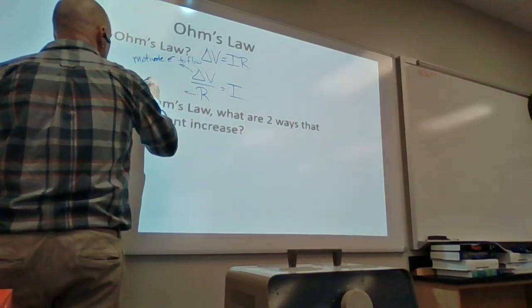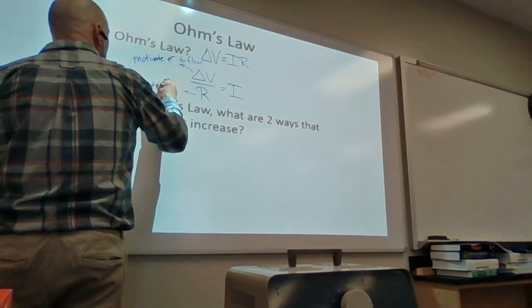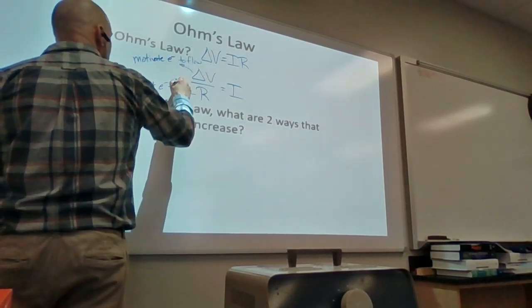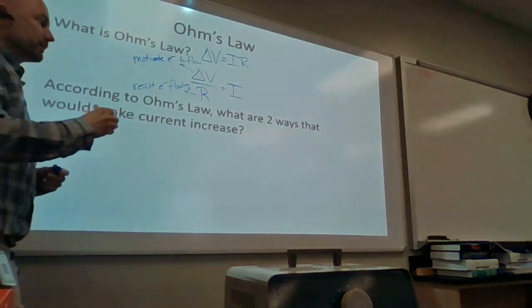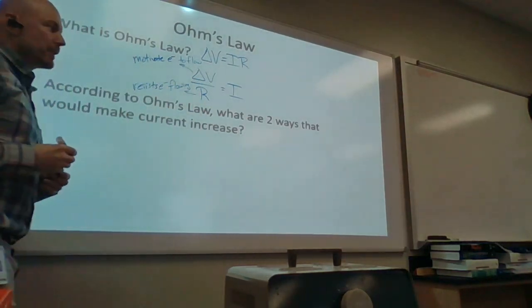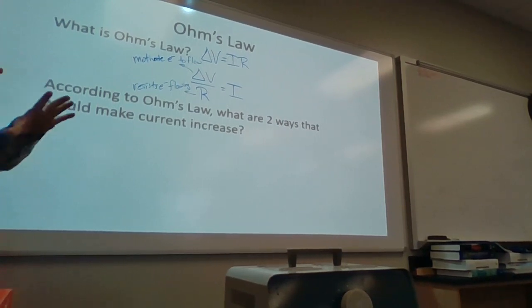Resistance resists electrons flowing. So resistance resists electrons from flowing. You see the conflict of interest here. One's like, come on. The other one's like, whoa.